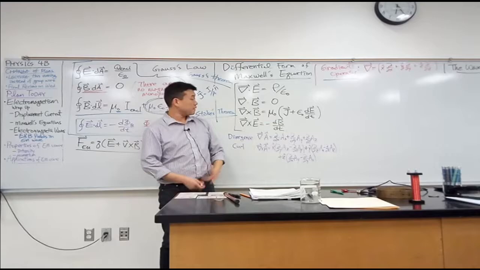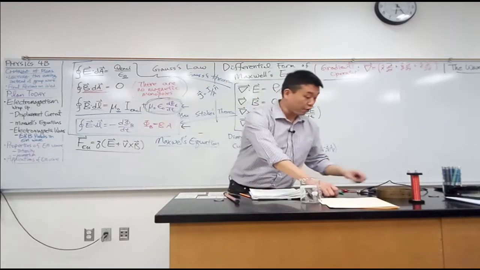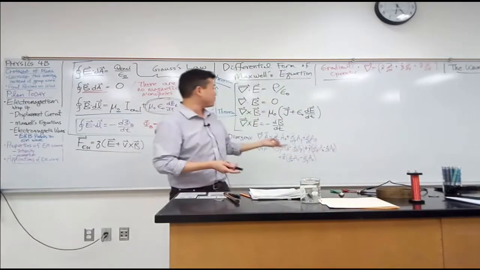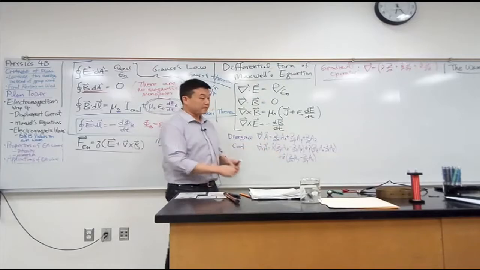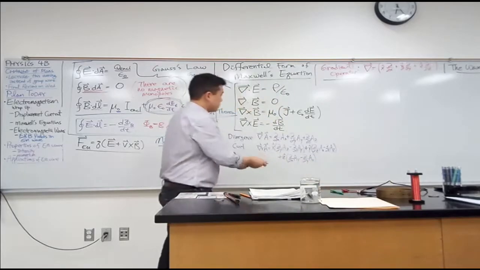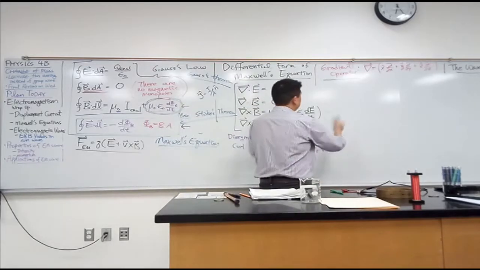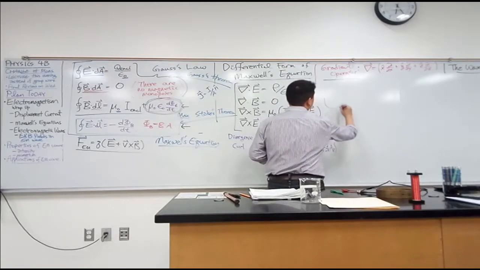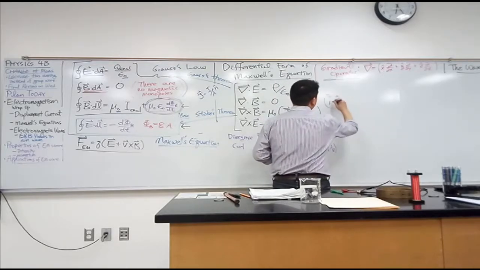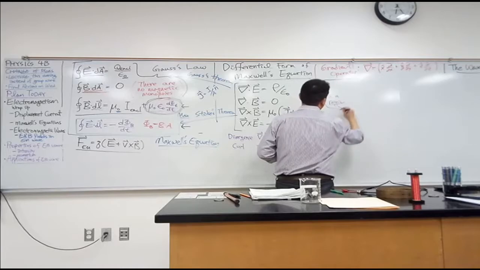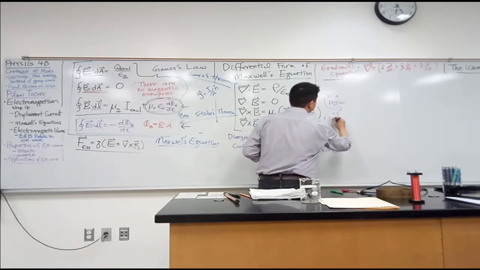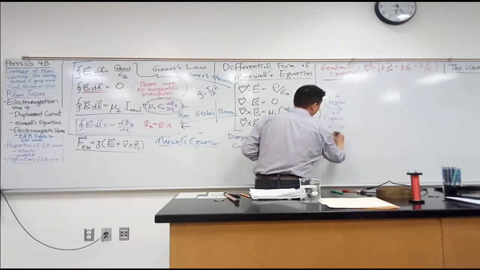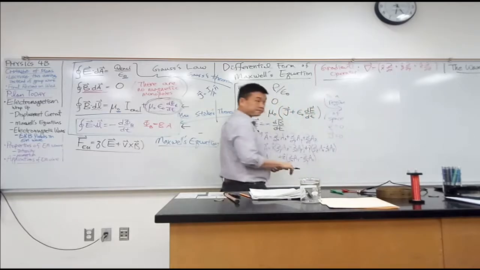Yeah. So this is not a step that I would have done before, because before that would have resulted in something boring. So let me write it down. I'm looking at a region of space with charge density equal to 0 and current density equal to 0.